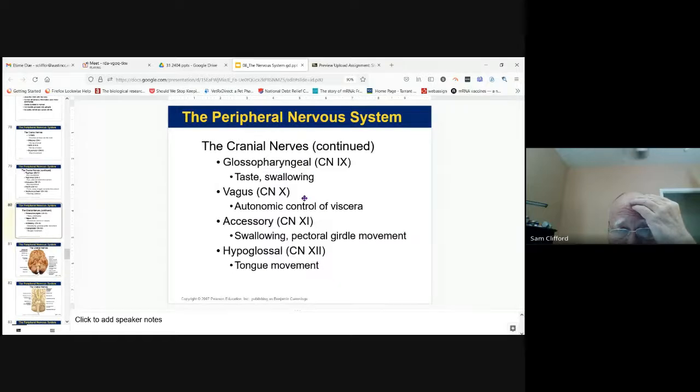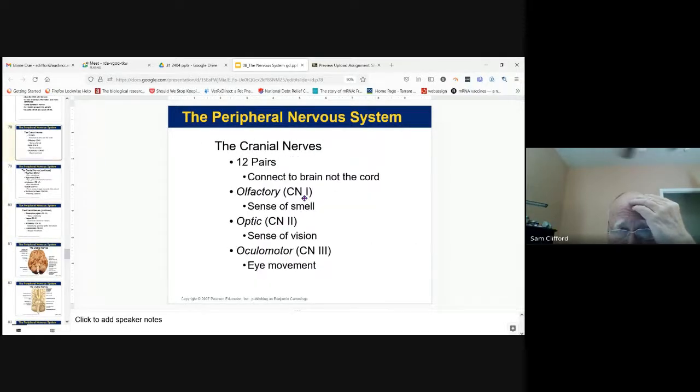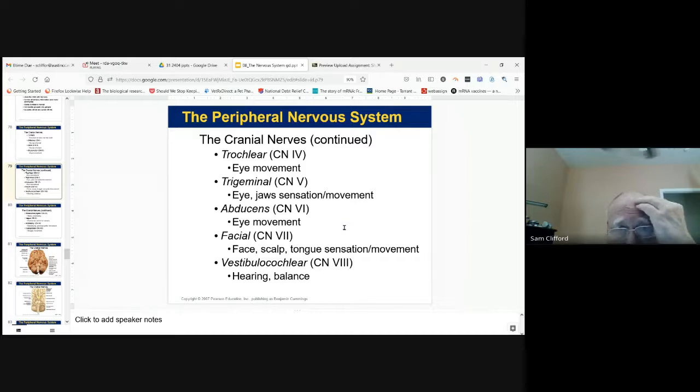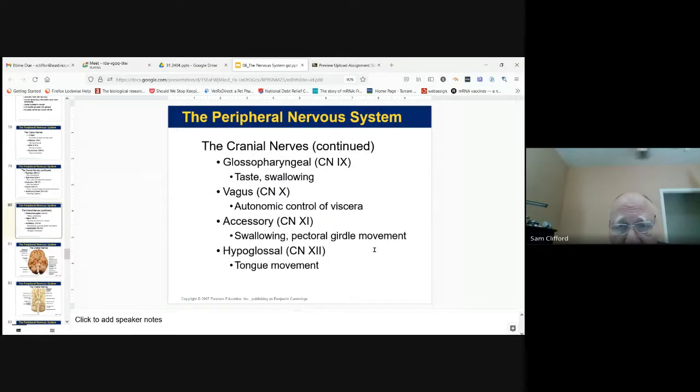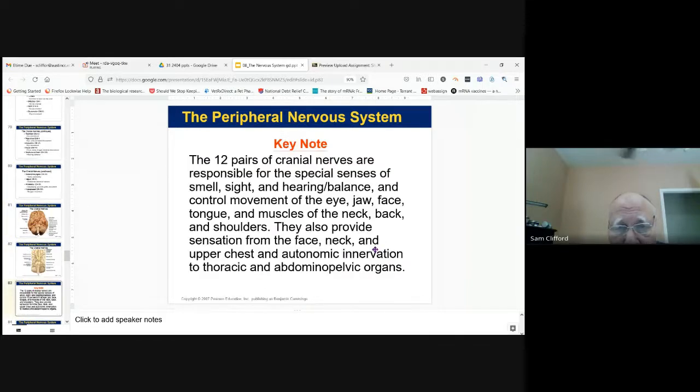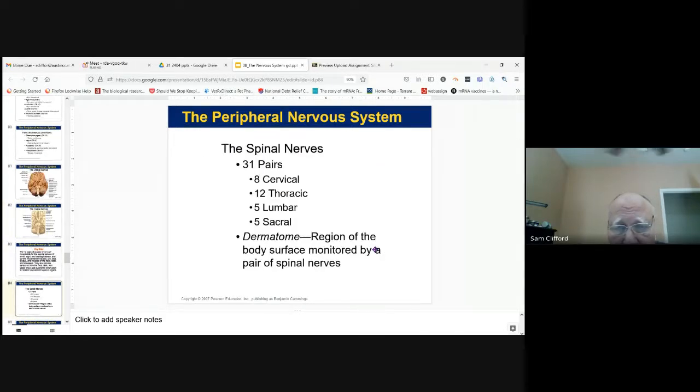The general function is listed in these multiple slides on the PowerPoint: olfactory, optic, oculomotor, trochlear, trigeminal, abducens, facial, vestibulocochlear, glossopharyngeal, vagus, accessory, and hypoglossal. Okay, the spinal nerves. We have 31 pairs located according to their point of origin in the spinal cord.